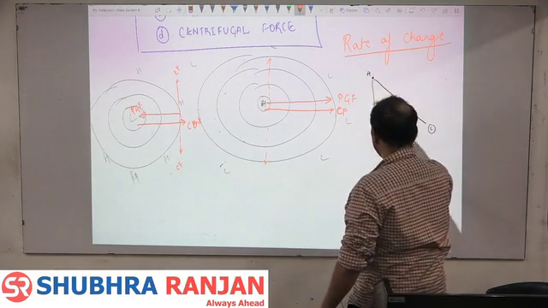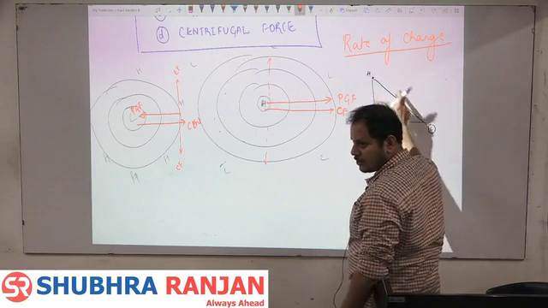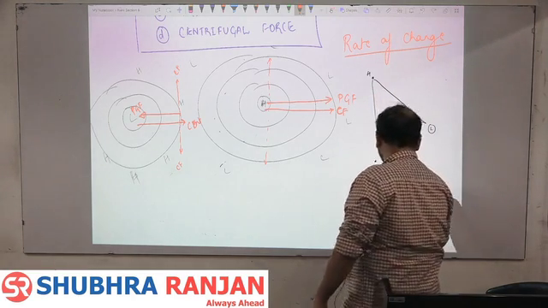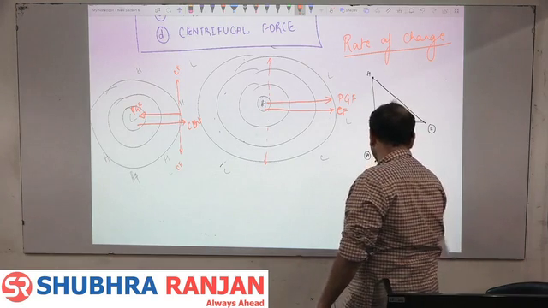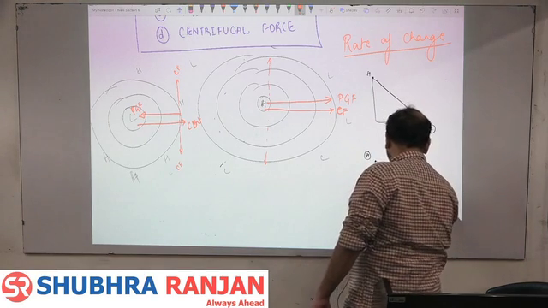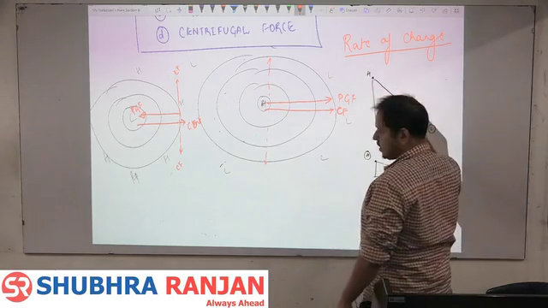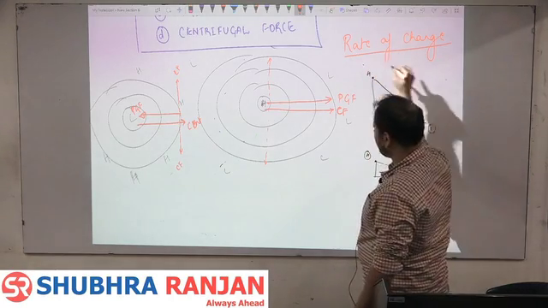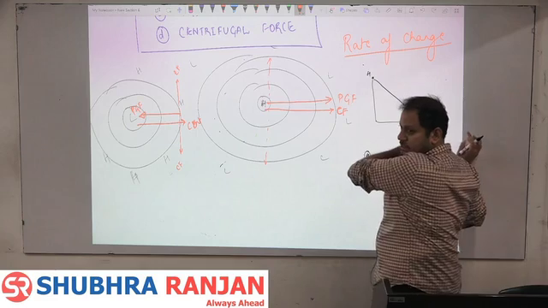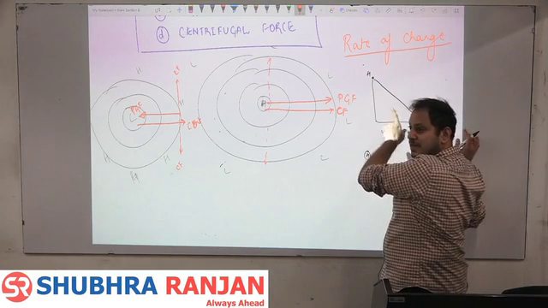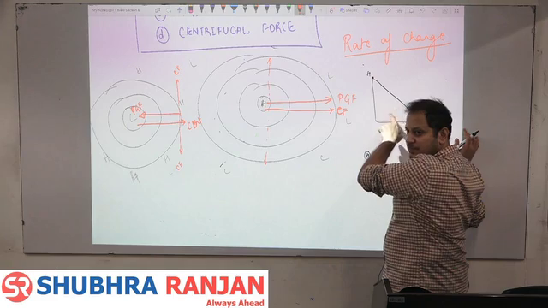So if I want to draw a mountain, this will be how the slope of a mountain will be, right? If the change is not great, this is high pressure, and if this is low pressure, and if I want to draw a mountain, this is how the mountain will be. Rate of change, it is not just the difference between high pressure and low pressure, it is the rate of change.